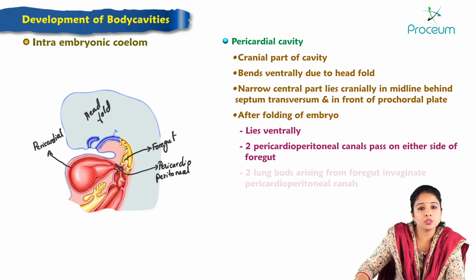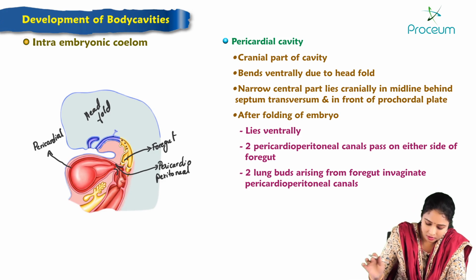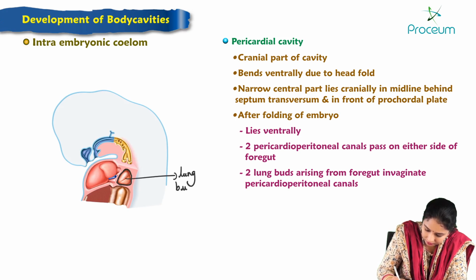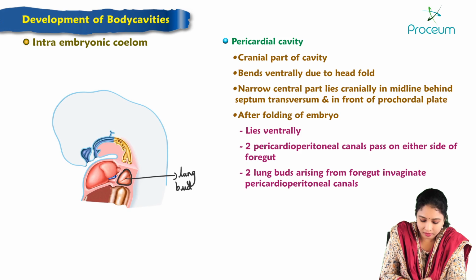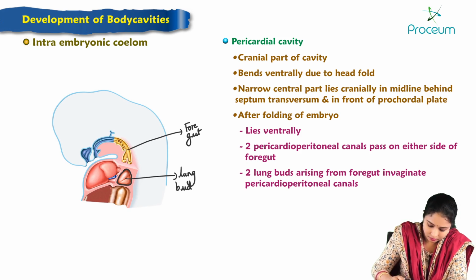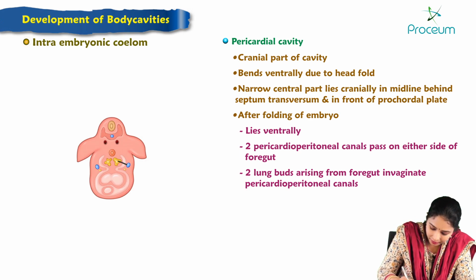The two lung buds arise from the foregut and invaginate into these pericardio-peritoneal canals. Here we can see the lung bud. Here is the sagittal view, and here is the horizontal section where we can see the developing lung buds.